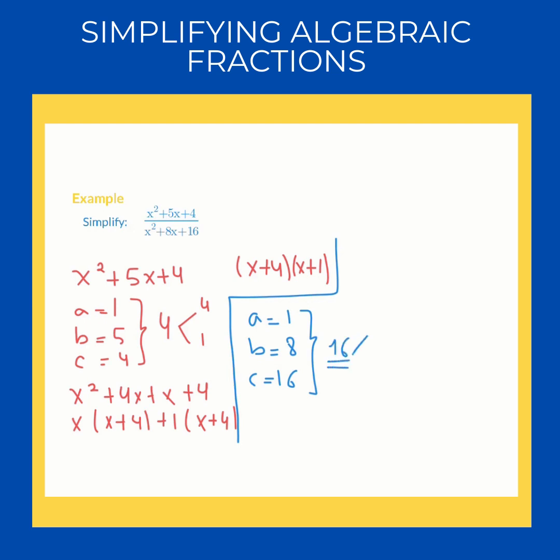So I need to find two factors when multiplied give me 16, and at the same time they have to add up to 8. So these factors are 4 and 4, because 4 times 4 is 16 and 4 plus 4 is 8. So I'm going to rewrite my expression using the two factors.